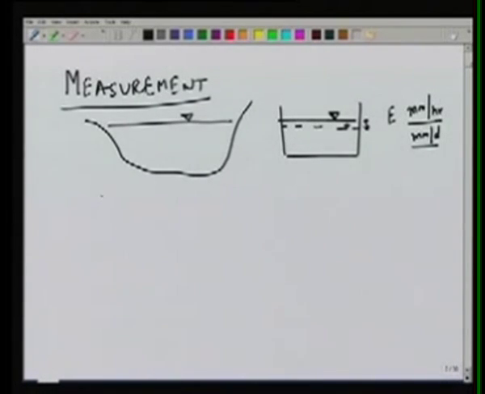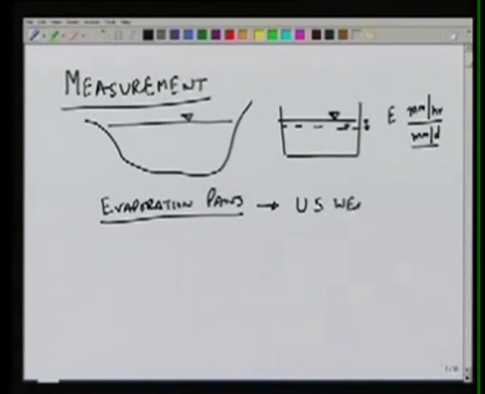The evaporation pans are sometimes also called evaporimeter because they measure the evaporation. One of the standard evaporation pans was used by the US Weather Bureau, and is known as the Class A pan.